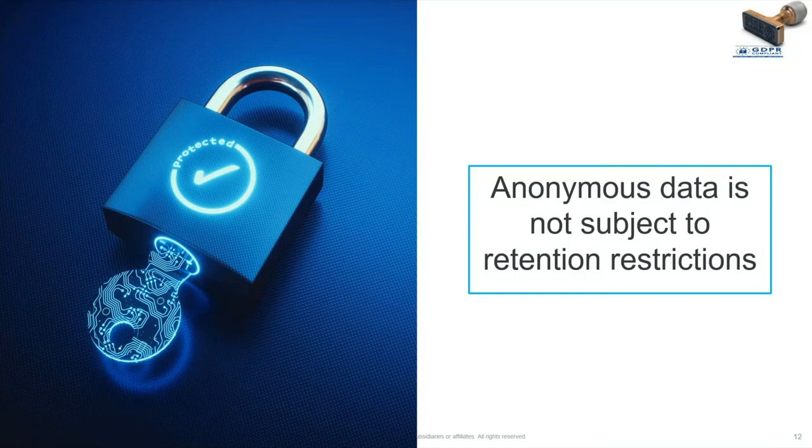Now, this can be as simple as removing a person's name, address, telephone number, etc. from the data source. Now, with data masking, companies have the ability to render personal data anonymous, thereby rendering it GDPR compliant and not subject to retention restrictions.